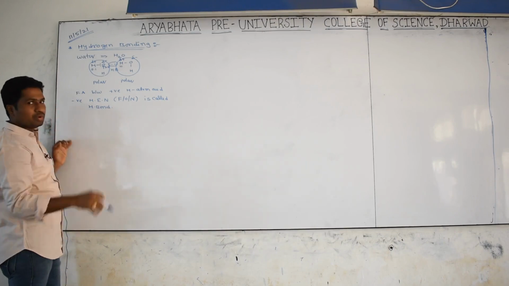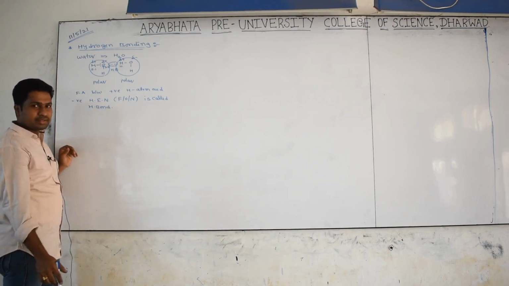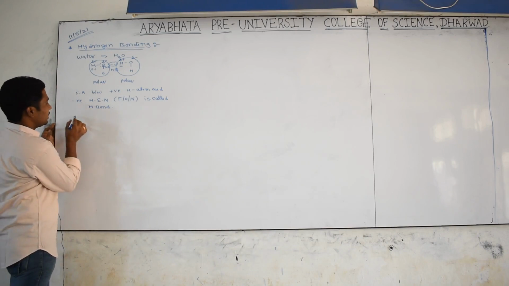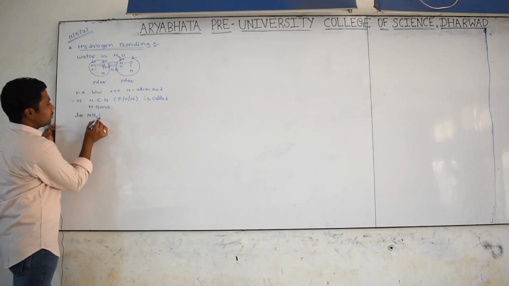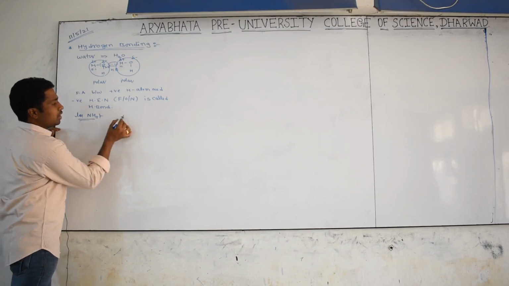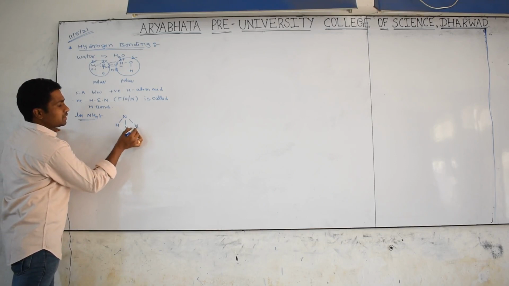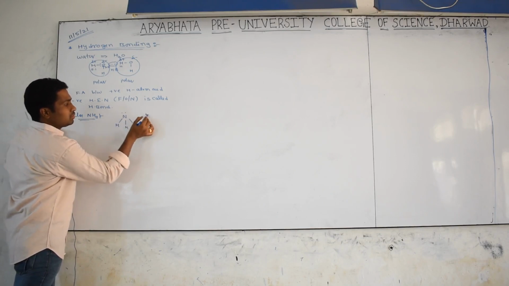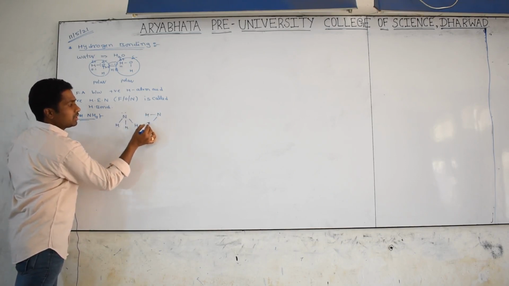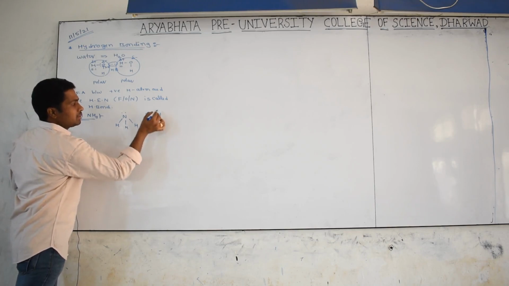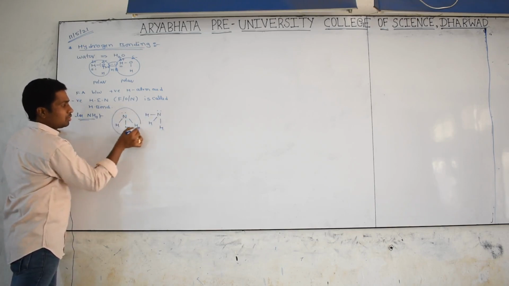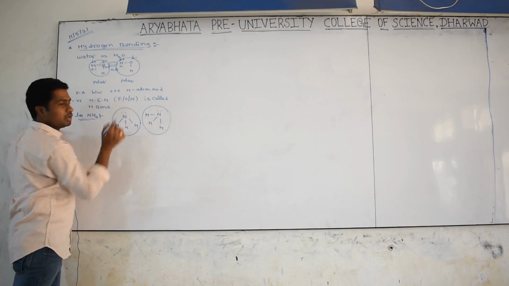Can I give you one more example of a material with hydrogen bonding? Yes, take liquid ammonia. What is the situation? Ammonia, you already learned in VSEPR theory, is pyramidal in shape. Take NH3 like this, with a lone pair. This is one ammonia molecule, and this is another ammonia molecule.